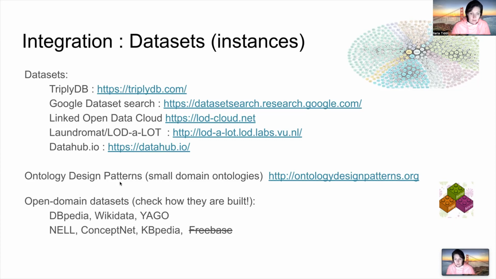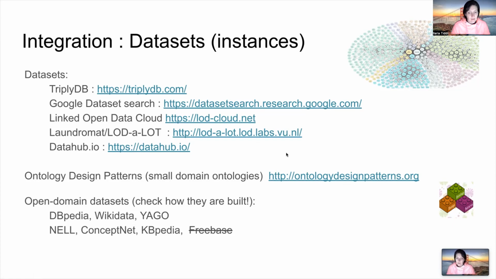You do have ontology design patterns. So these are small domain ontologies that you can use. This is inspired by the design patterns in software engineering, which means if I want to represent specific information in my dataset, I can refer to the design pattern to see if other people have represented something like this, and I can reuse the entire representation.